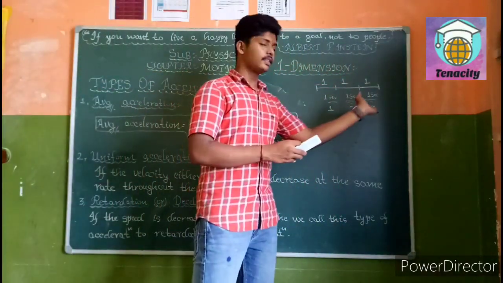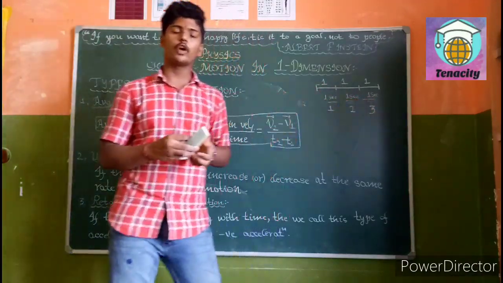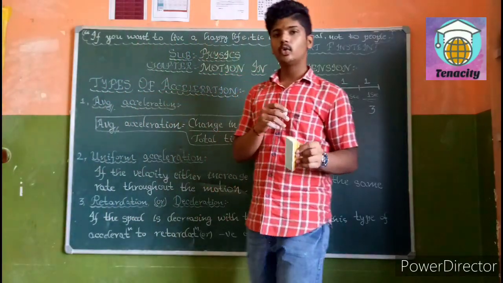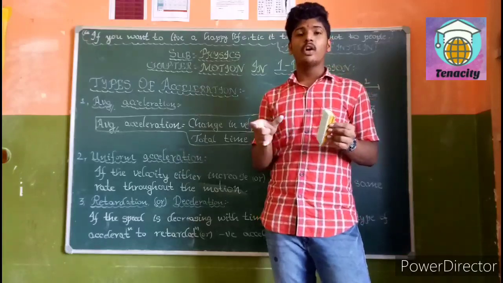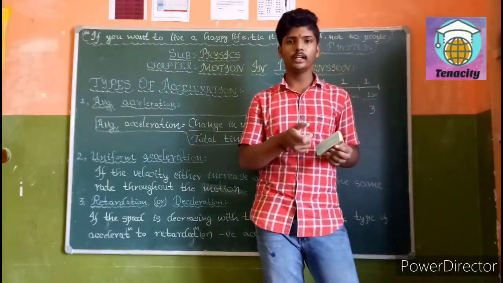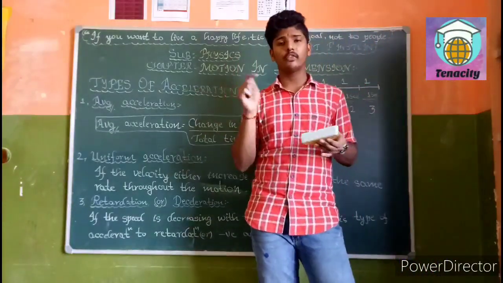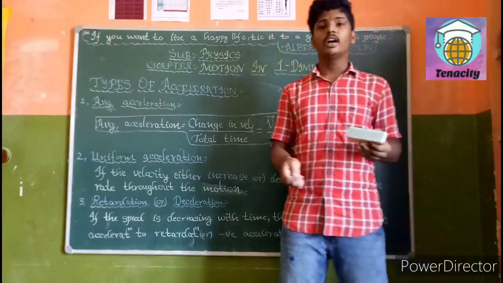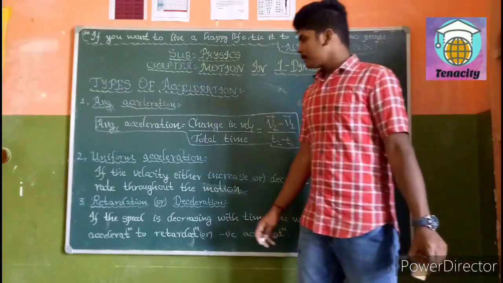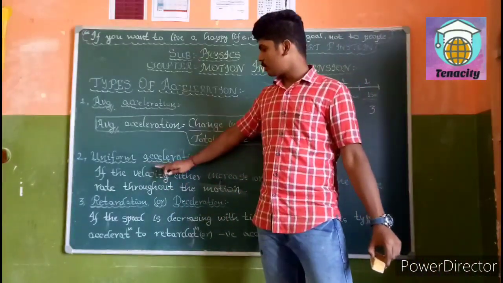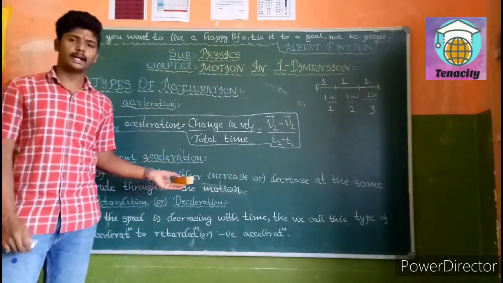So the gradual change in the acceleration in specific time intervals is called uniform acceleration. Or else, if you find the average acceleration of the path of the journey, and at every interval of that journey the instantaneous acceleration is equal to the average acceleration, then you can call it uniform acceleration. Okay, this is about uniform acceleration.